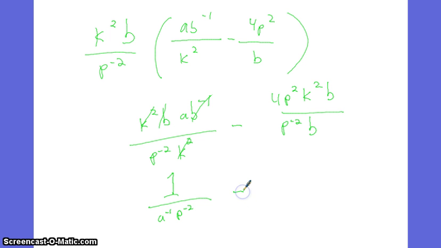Now over here, my 4 is the only thing on top because that's not a variable. When I bring the p down, I get p to negative fourth power. And then I look at bringing my k down. I bring my k down, I get k to negative second power, and my b's cancel each other out. That's going down and adding, and that's how I get my problem.